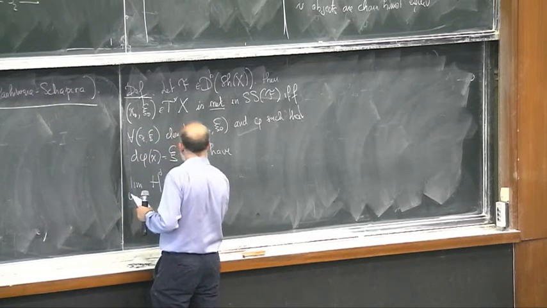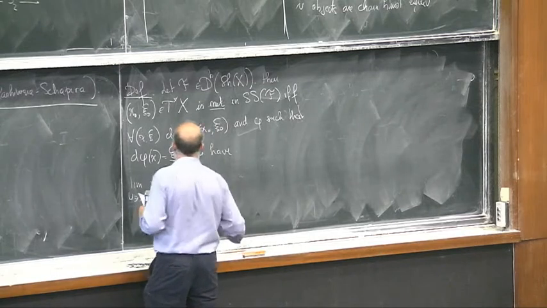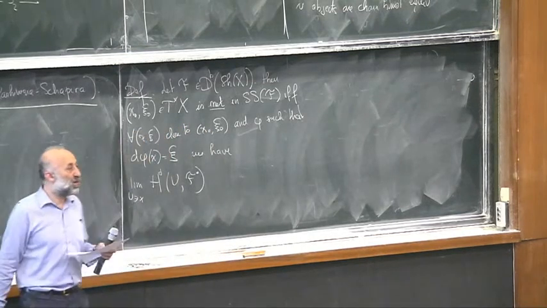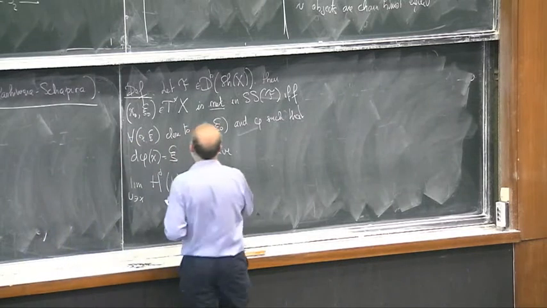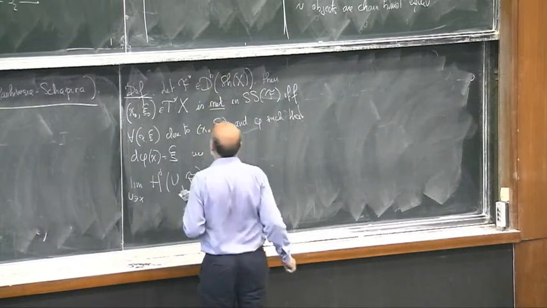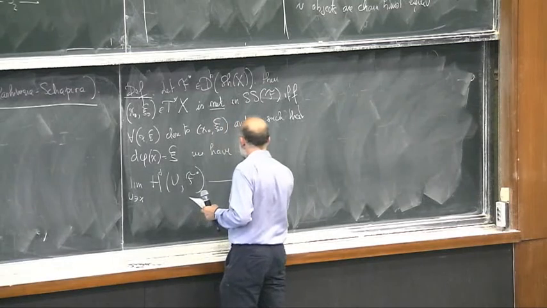the limit of Hj of U with coefficients in F. So remember, F is actually a complex of sheaves.